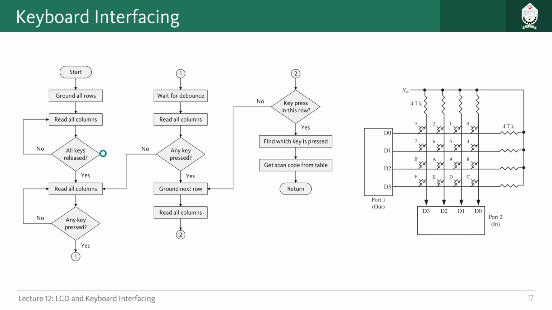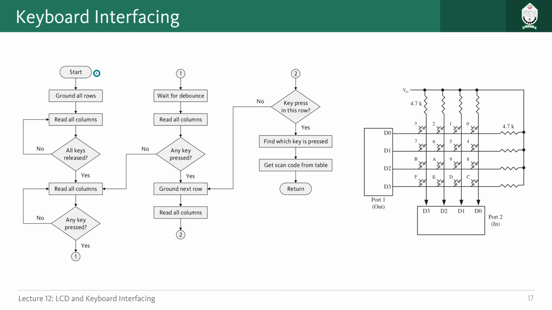But before that, it first has to figure out that the previously pressed key has now been released. That's why in this flowchart, the first portion is to figure out whether the key that was previously pressed is now released.